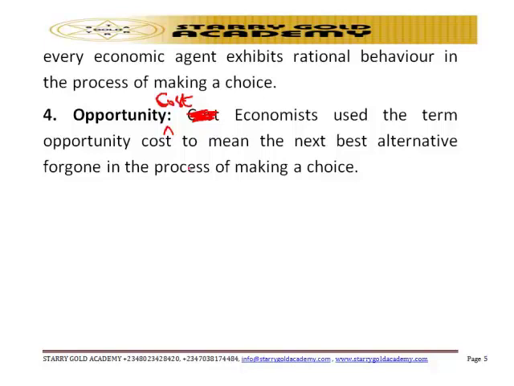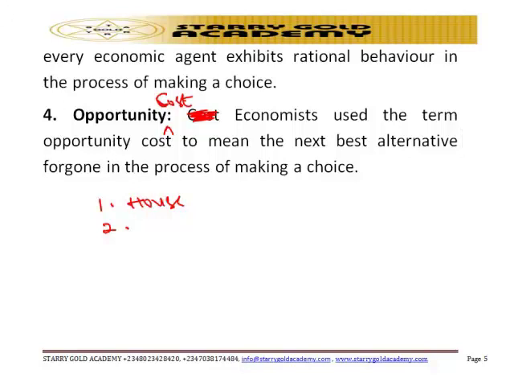So for instance, going back to my scale of preference, the first point was to have a house.